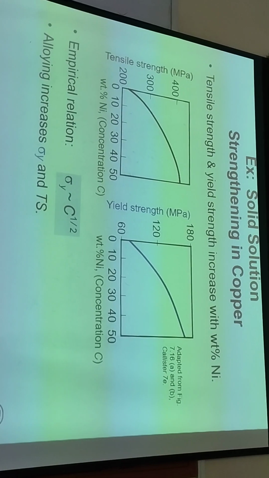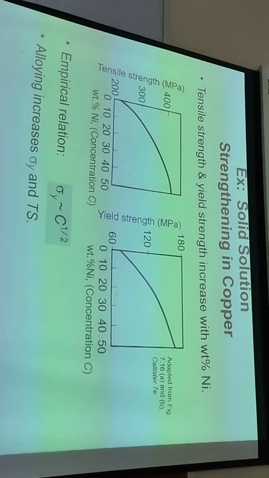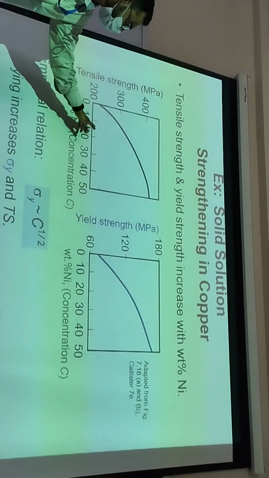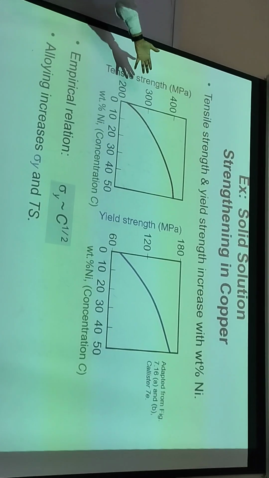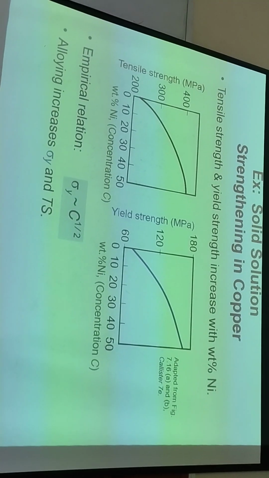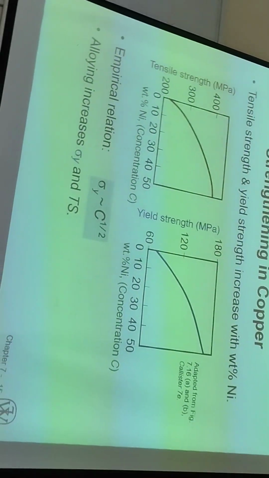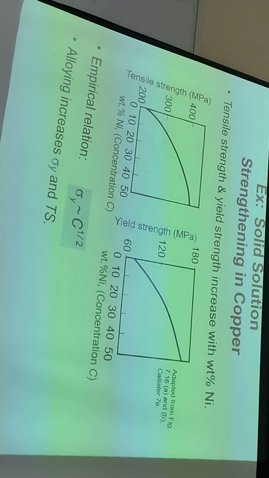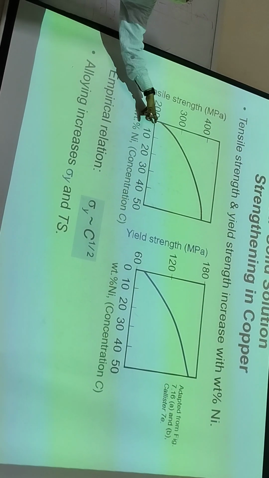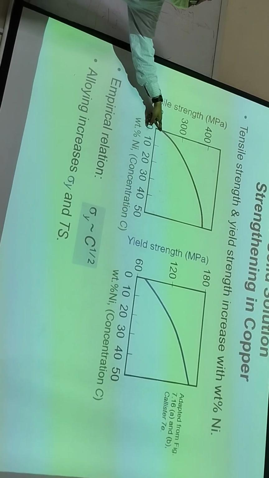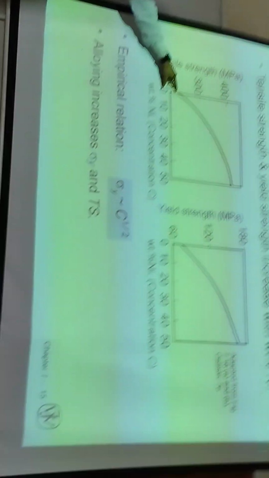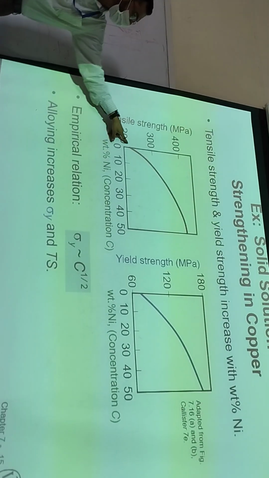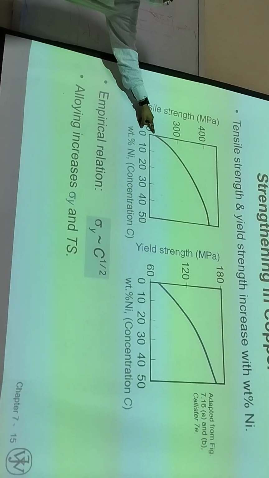Okay, this was at the atomic level. Now what is going to happen at the engineering level? At the engineering level, we are going to see something like this. When we add nickel inside iron, what is going to happen? The tensile strength of 100% pure iron was initially slightly more than 200.